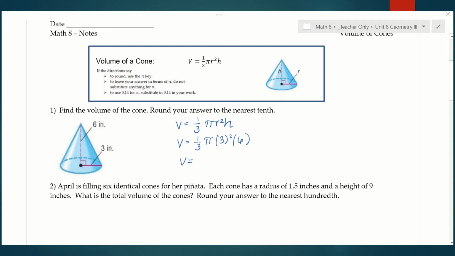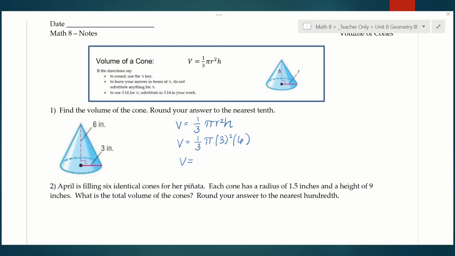Okay, so there are a couple ways to type this in your calculator. One thing you could do is use your ABC key to type in that fraction. So if you remember, we would do 1 ABC 3 and then times the pi key times 3 squared times 6. That's one way.